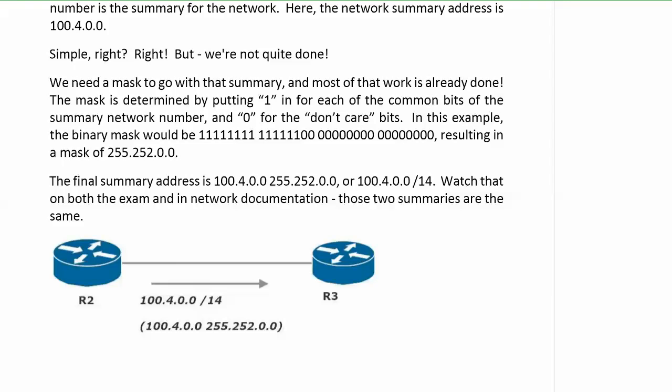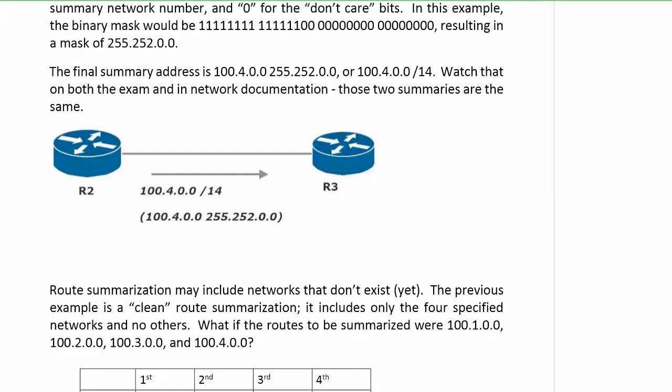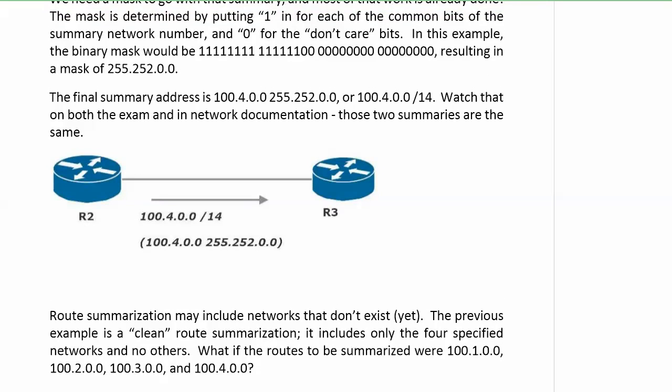Now, the trick with route summarization is that it may include networks that don't yet exist. Now, the previous example is what I call a clean route summarization because it includes only the 4 specified networks and no others. But you and I know, especially in the real world, that's not usually going to happen. You're going to be having 7 network routes, or 13. It's like, can we summarize these in a clean fashion?